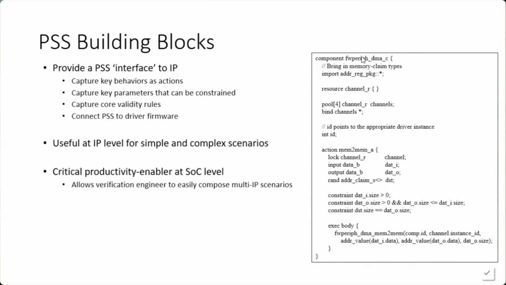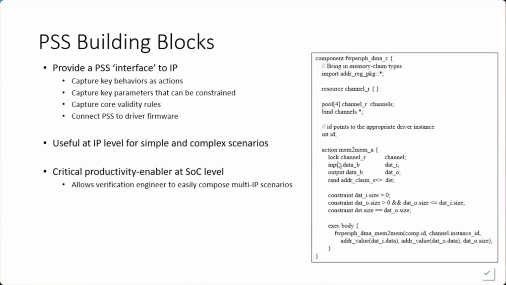So this is some PSS code on the right-hand side here, where we're describing a component, which is what PSS uses to represent a physical IP block. In this case, it's a DMA block, and so we need to capture some rules around the resources that this block has, the DMA channels, and the fact that only one behavior can use a DMA channel at a given time.